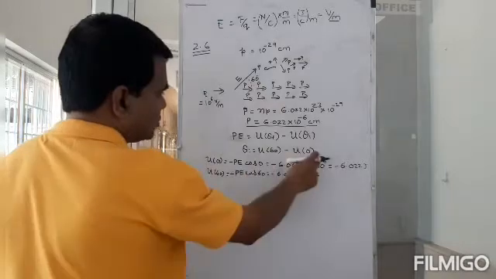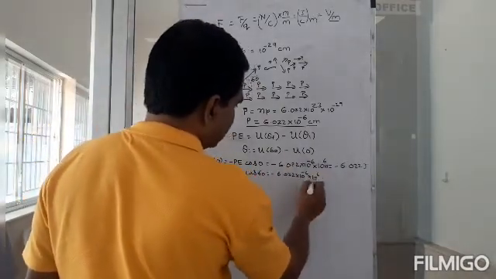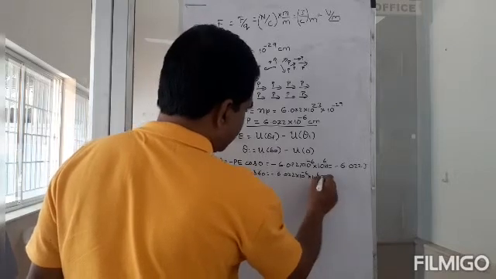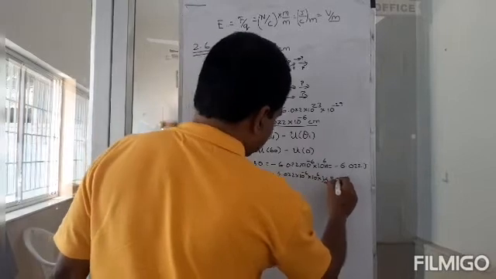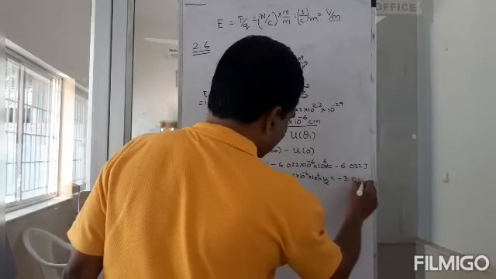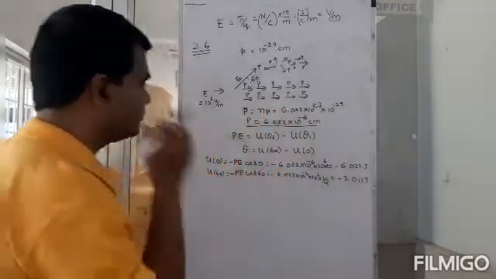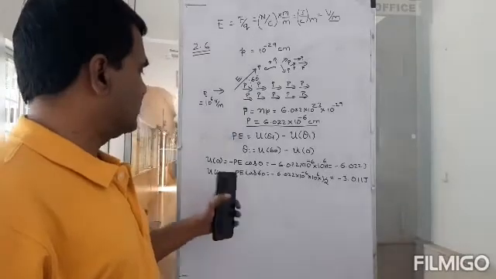Actually cos 0 is 1 there, but now cos 60 is, okay, cos 60 is actually 1 by 2. So I'm going to get minus 3.011 joules. Okay. So that is my final.